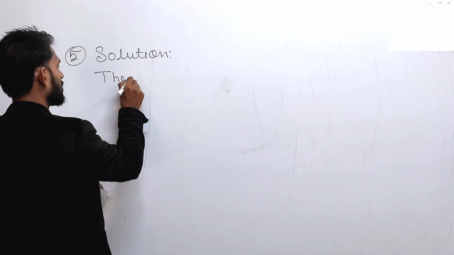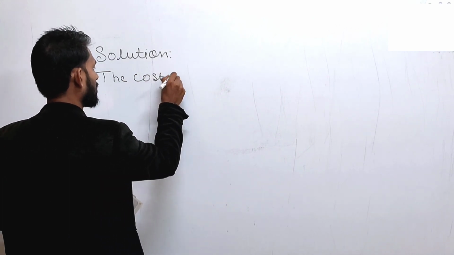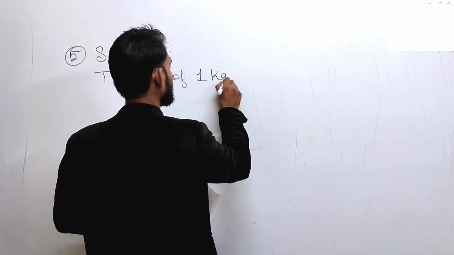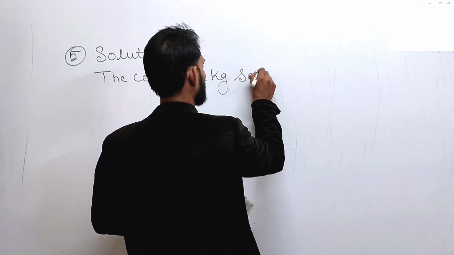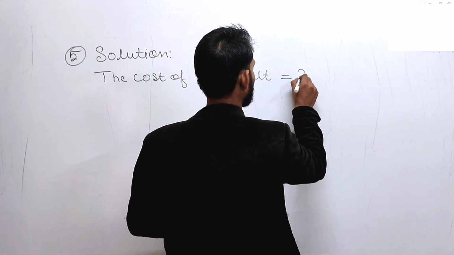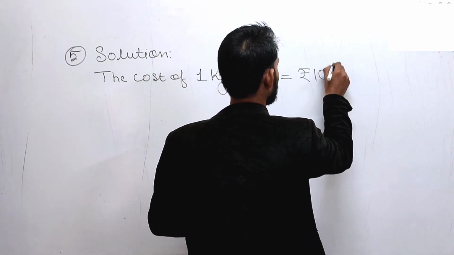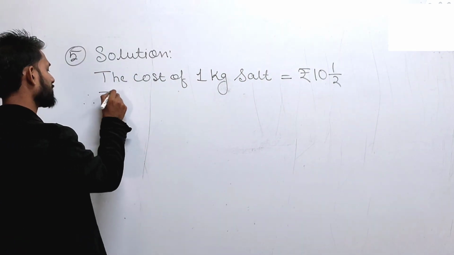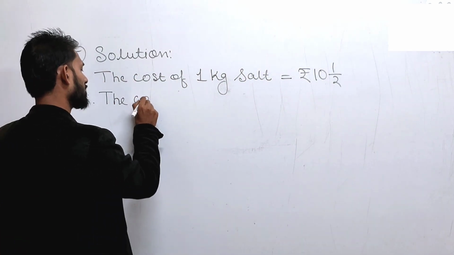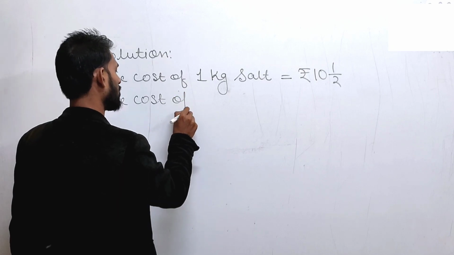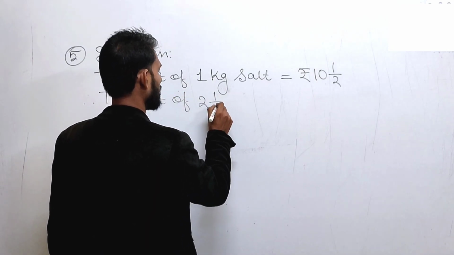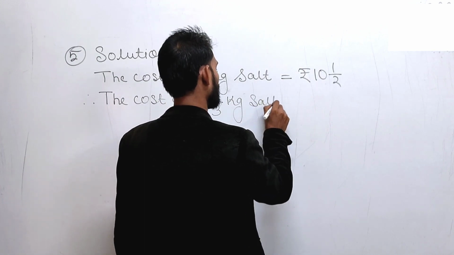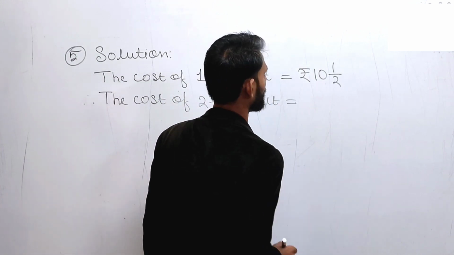The cost of 1 kg salt is equal to rupee 10 rupee half. Therefore, the cost of 2 1/3 kg salt is equal to how much?